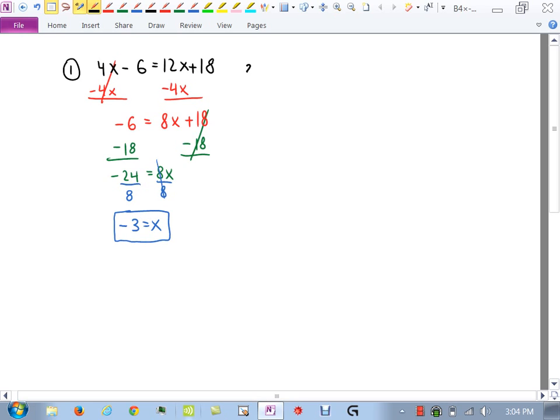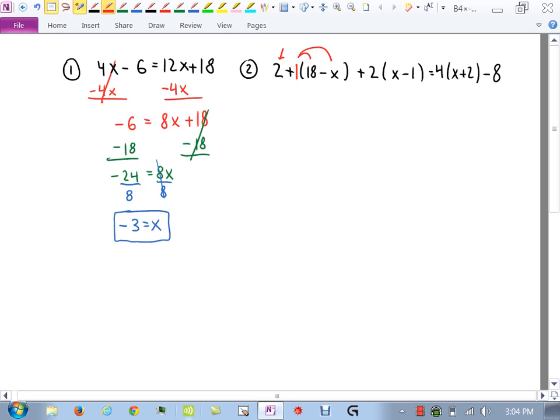For number 2, I have 2 plus parentheses 18 minus x, plus 2 times parentheses x minus 1, equals 4 times parentheses x plus 2, minus 8. Okay, on this first one, just be very careful because the parentheses actually has a positive 1 in front of it. This 2 has nothing to do with what's going on over here.